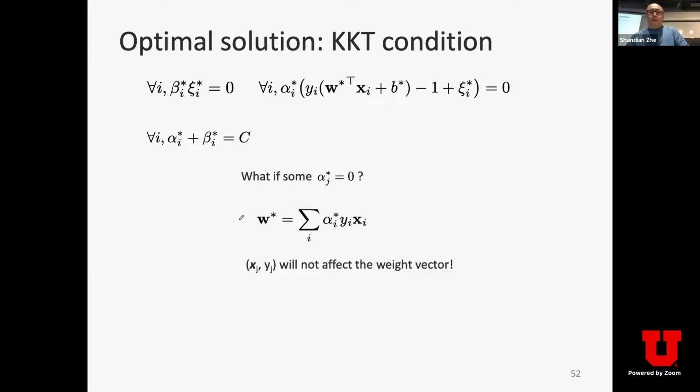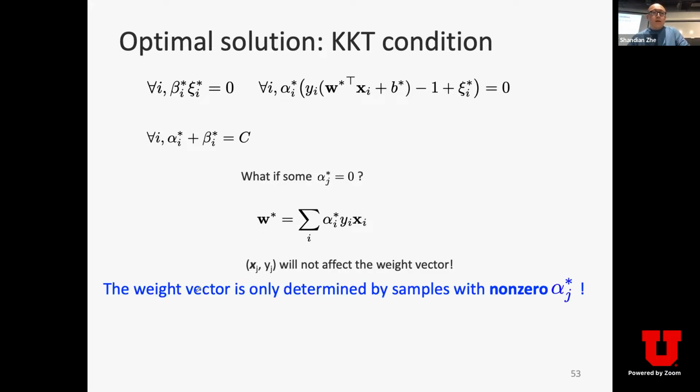In other words, the final weight vector is only determined by samples with non-zero alpha_j star. In other words, the optimal weight vector might only depend on a subset of training examples whose corresponding multipliers alpha_j star are non-zero.